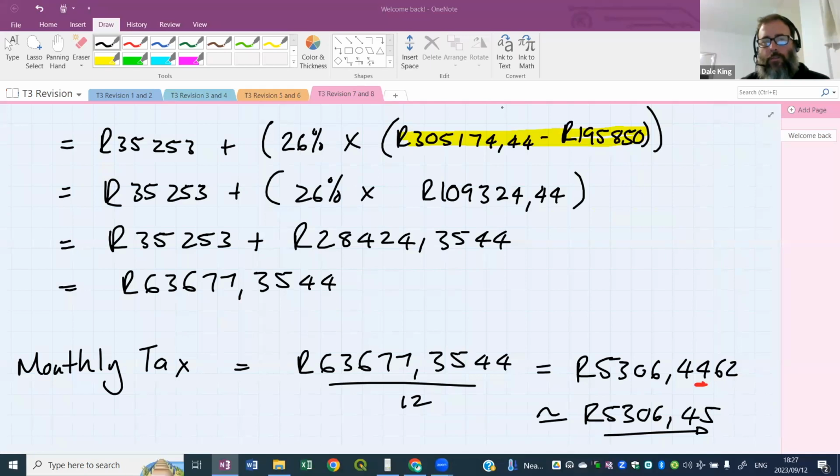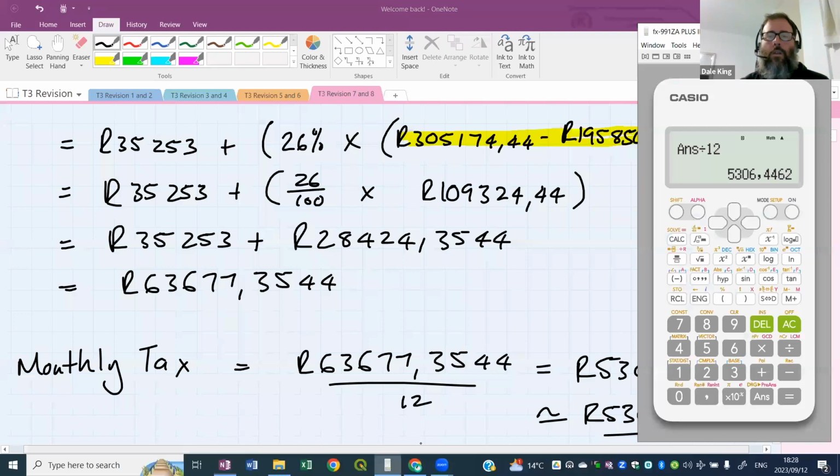So I took 35,253, which is that basic amount that you're supposed to have. And then in brackets, I took 26 and I put it over 100 because there was 26%. So I put it over 100 and I straight up multiplied it to the 305,174 and 44 cents, the annual amount.